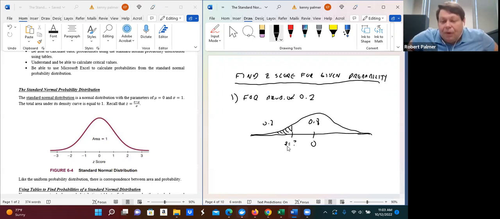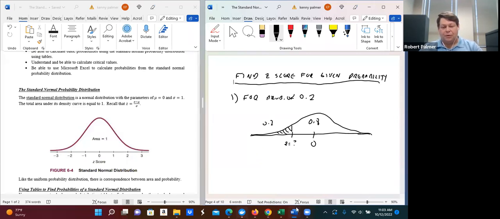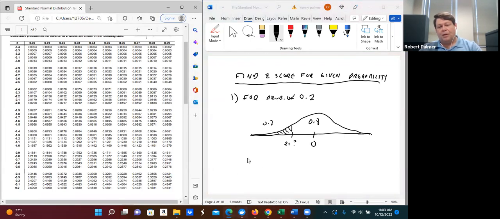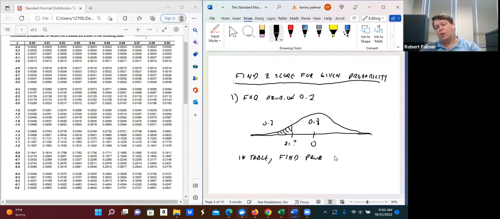We'll show how you can do this with the table, and we'll also show how we can use Excel. So look at the table. In the table, find the probability closest to 0.2.